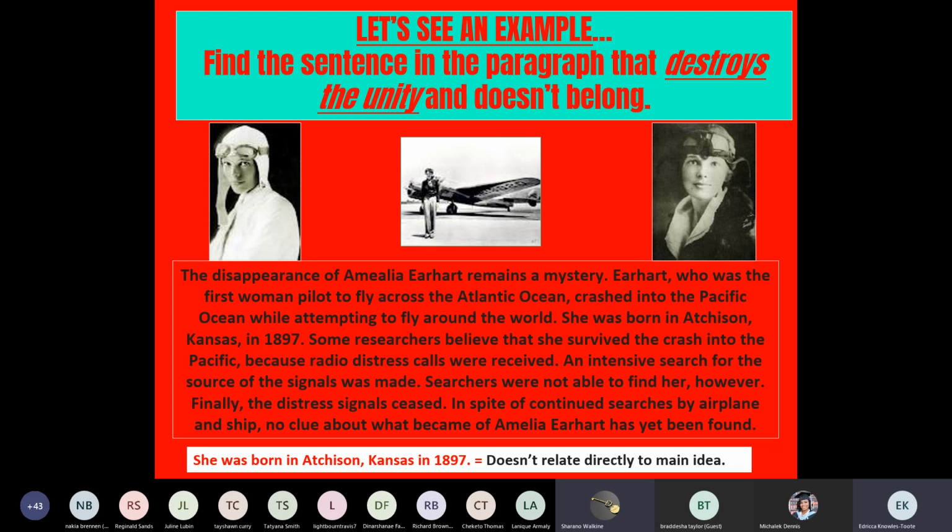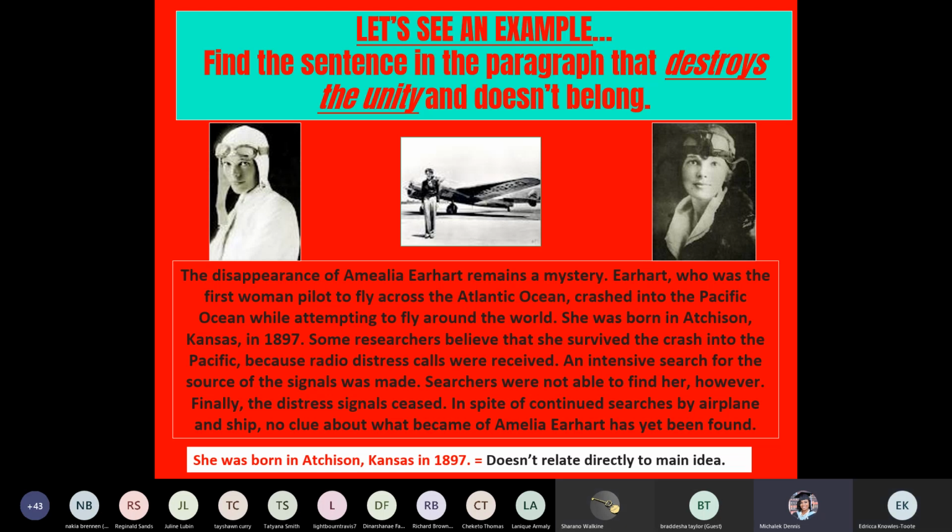Okay, what do we have here? The radio distress calls were received. She survived the crash into the Pacific. What else? I see a lot. There are at least four to five sentences, I think. Radio distress calls were received.